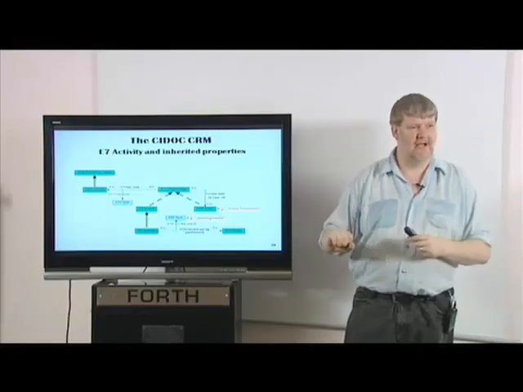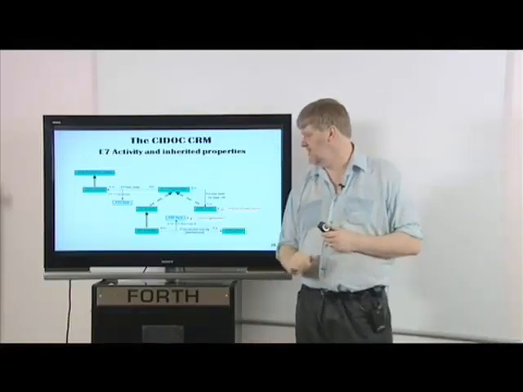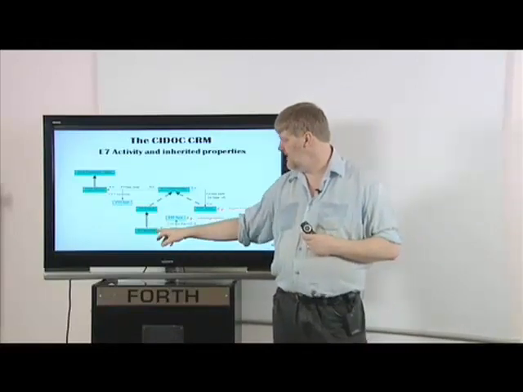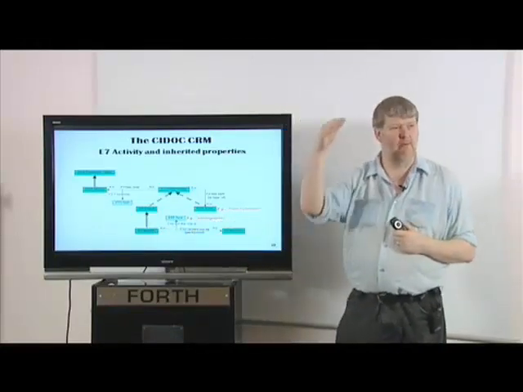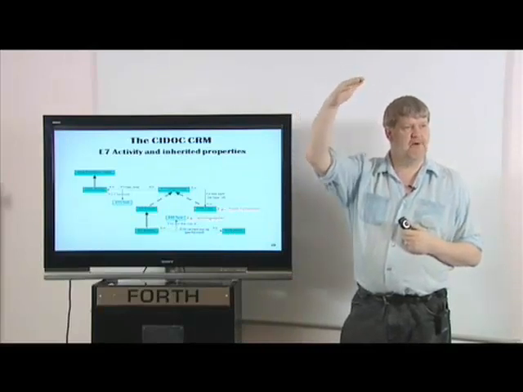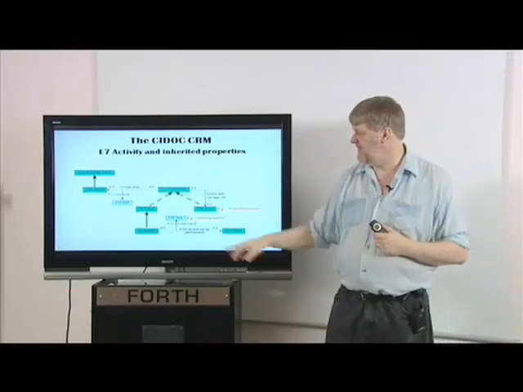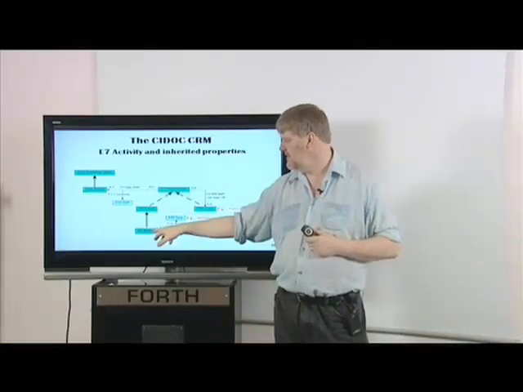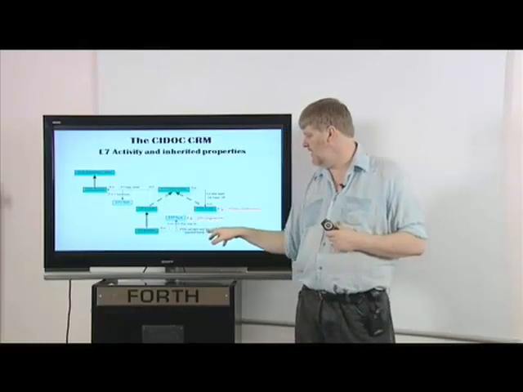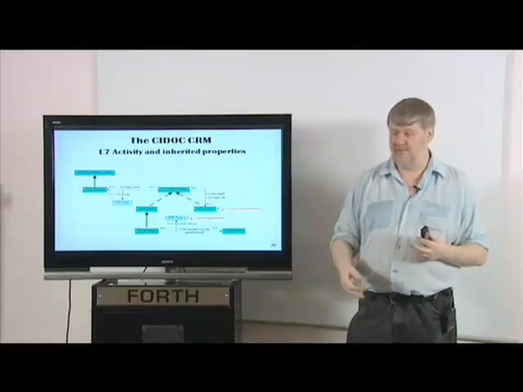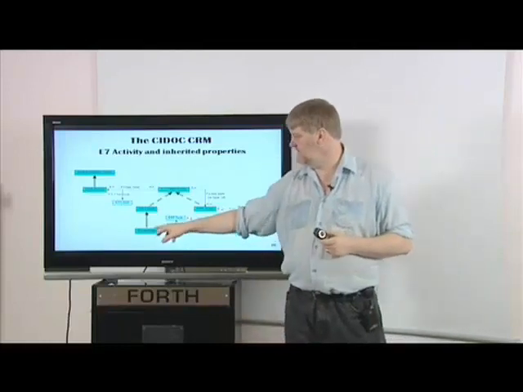But in activity, we also have the new property P14 carried out by. Remember, we had general participation P12 up at the event level, and then when we got down to activity, we had the more specific carried out by property. So here is the property carried out by. So I can point from the activity to an actor, an individual or a group of individuals who are going to perform this activity. And I can then say in what role they were doing that activity.